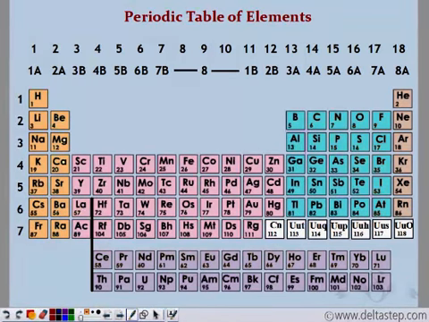La has atomic number 57, and the element after it, Hf, has atomic number 72. So the elements in between, that is 58 to 71, which lie behind lanthanum, are called the lanthanide series. To see them in a two-dimensional frame, they are placed separately in the periodic table.